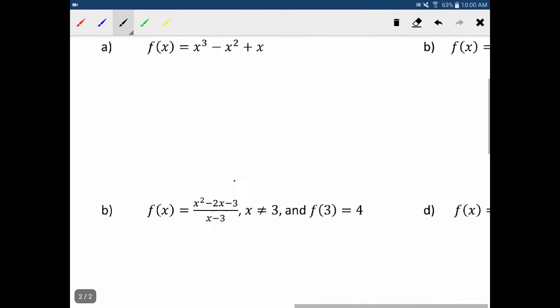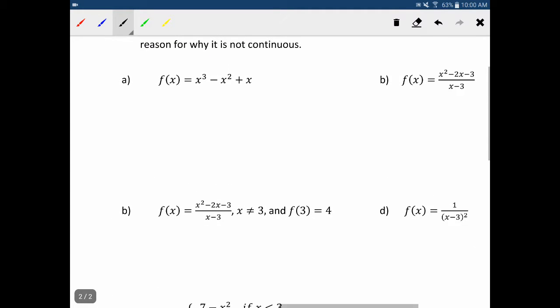So the first one we're going to look at, we've got a cubic function here. So this is fairly easy. First of all, there's two things that we're going to look at here.